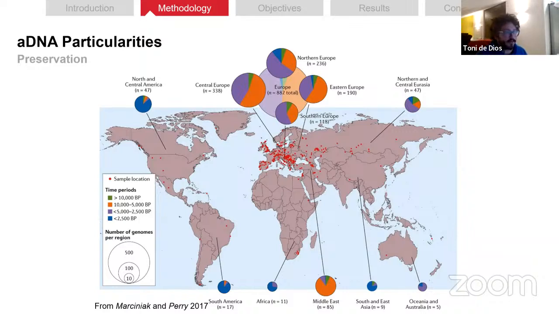So for sure, as we see in the map, those are, in 2017, all the human samples that have been retrieved from archaeological sites. Basically, rich countries can afford to do ancient DNA studies, but also cold latitudes are better for DNA preservation. So you would also expect that northern latitudes with colder climates would be more suitable for the conservation of ancient DNA and then for retrieving DNA for studies.